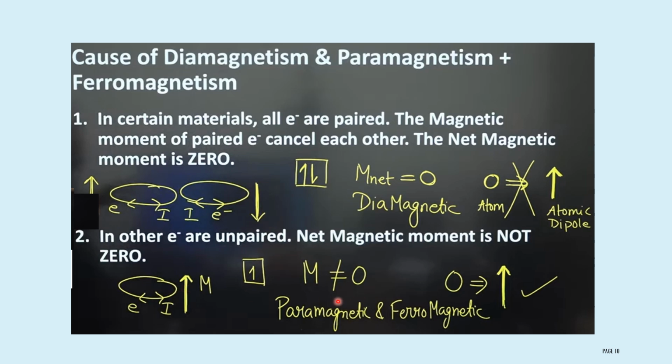Therefore, you can observe this in paramagnetic and ferromagnetic materials because they contain unpaired electrons. Therefore, the magnetic moment in paramagnetic and ferromagnetic materials is not 0. You can observe an atomic dipole in paramagnetic and ferromagnetic materials.